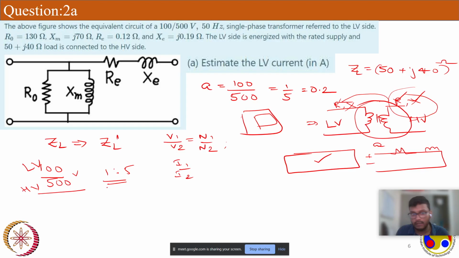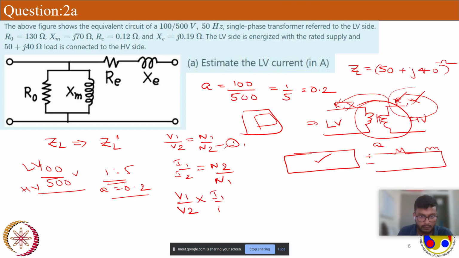Now I1 by I2 is equals to N2 by N1. Now, we will divide these two equations. Now just multiply equation 1, V1 by V2 into I1 by I2 is equals to N1 by N2.